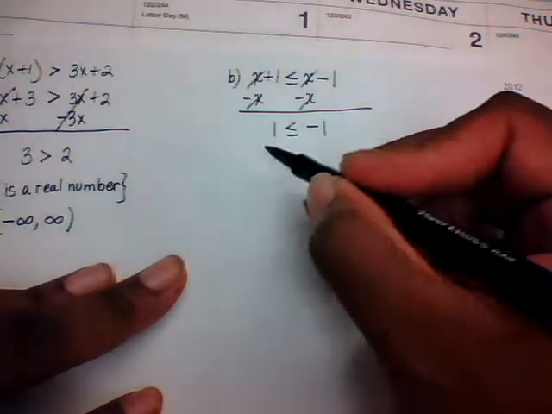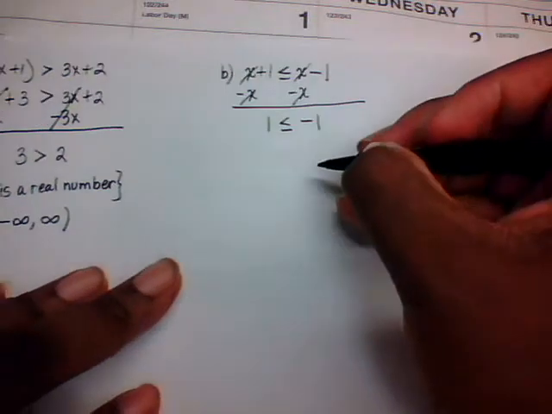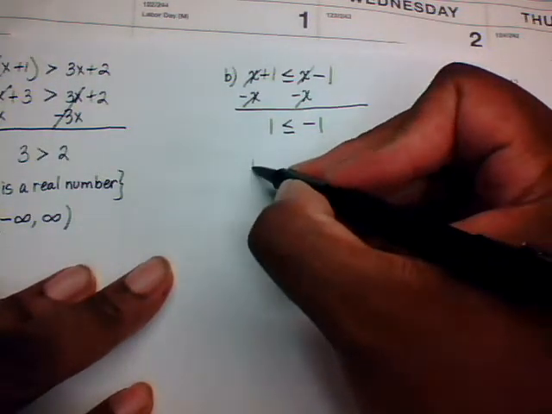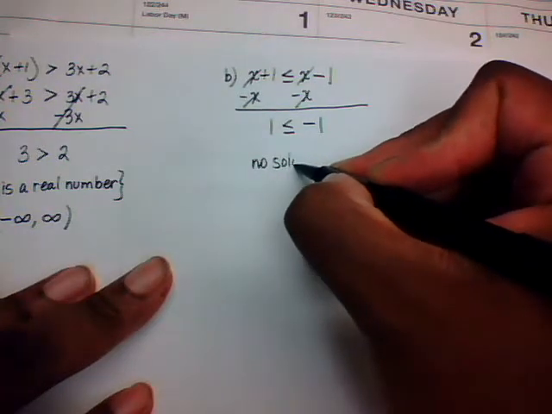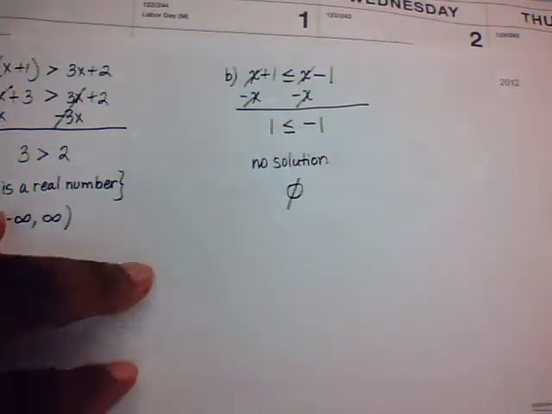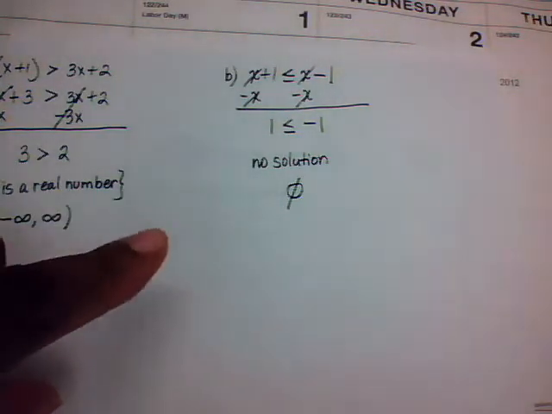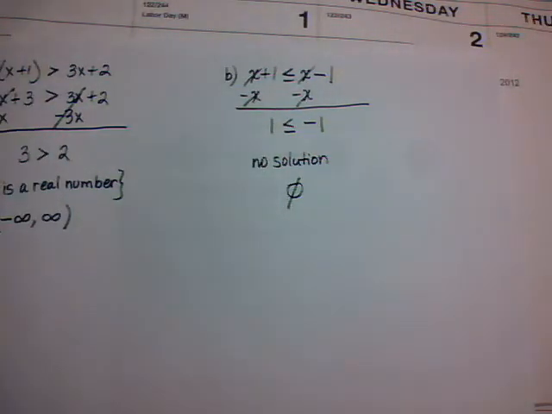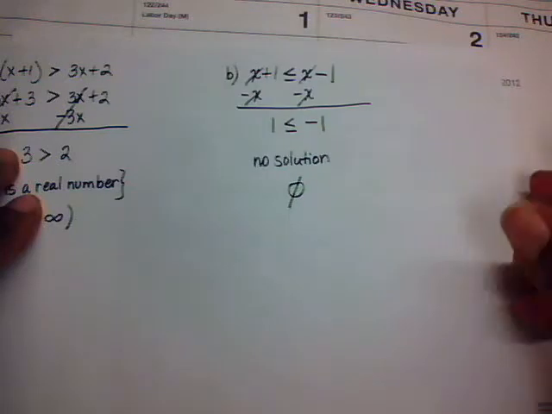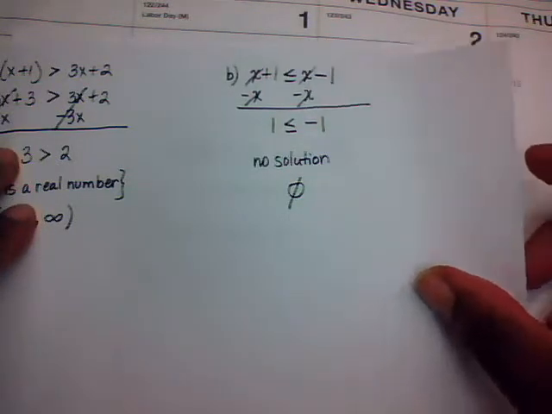So in this case, this is a false statement because 1 is not less than or equal to negative 1. So that means that this particular inequality has no solution. And sometimes they use this symbol, a circle with a slash showing the empty set, meaning no solution. So here that particular inequality will have no solution.